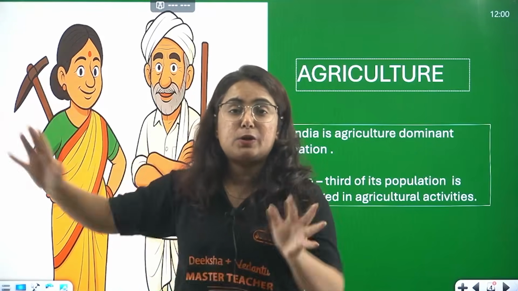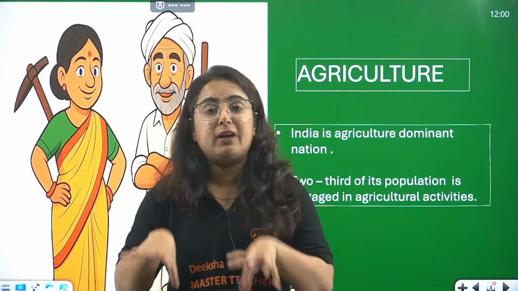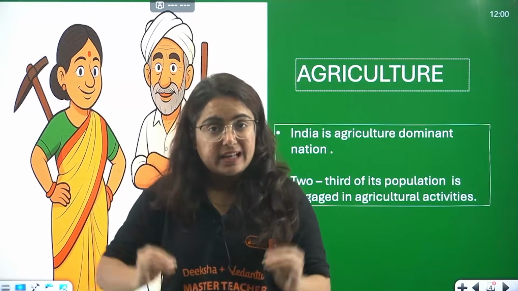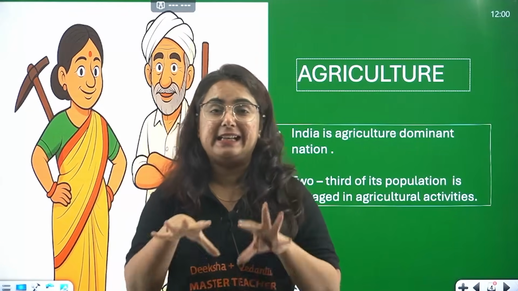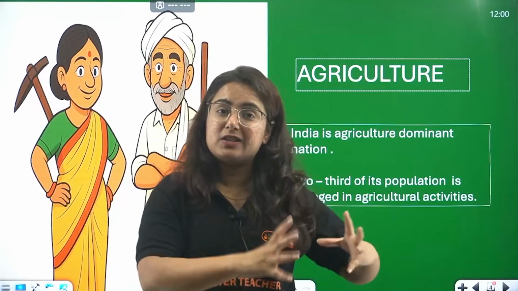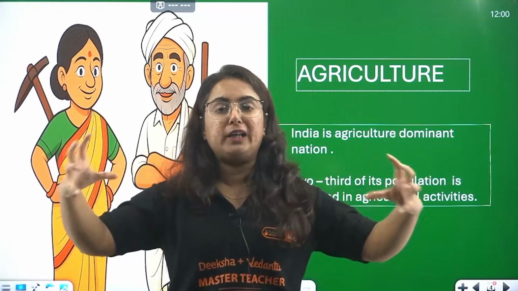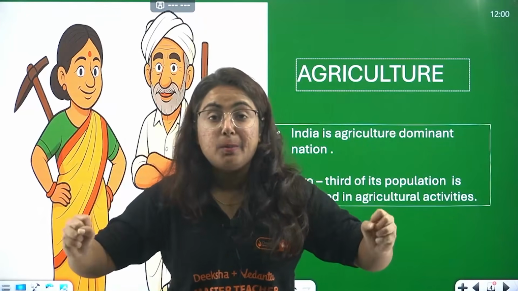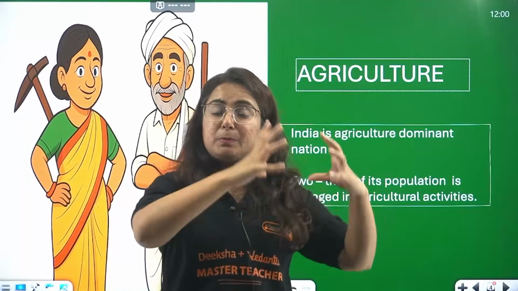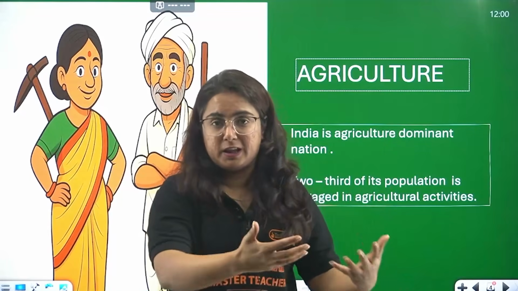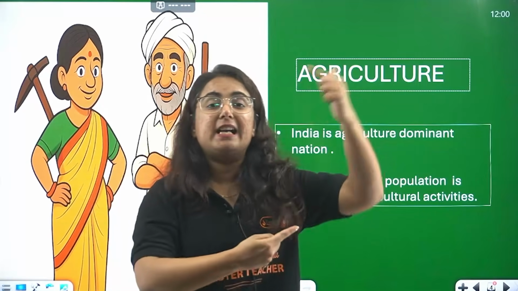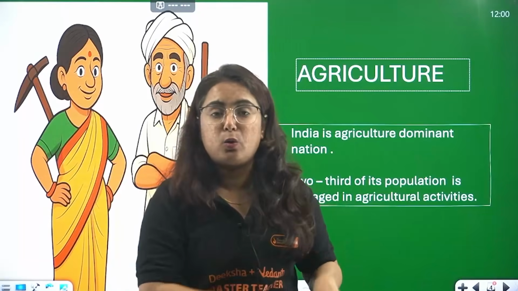That is agriculture, because everyone in the rural areas relies on which activity? Agriculture. You know, agriculture is considered the backbone of the Indian economy. Why? Because, beta, if 70% of people are working in that particular sector, they will get their payment from that sector only.